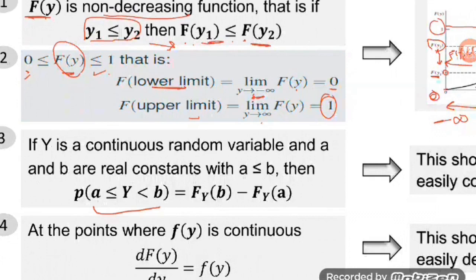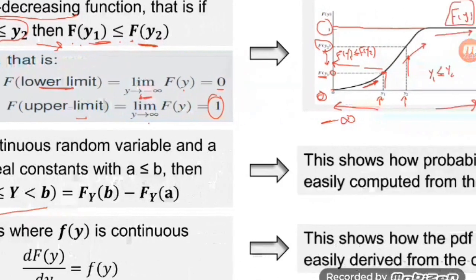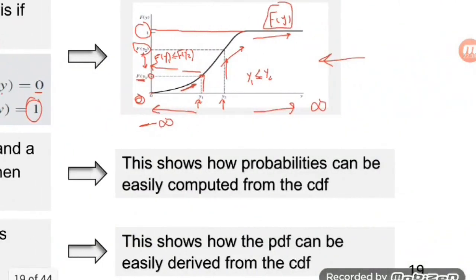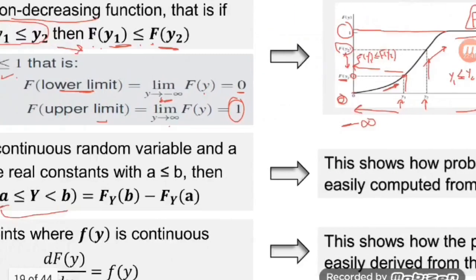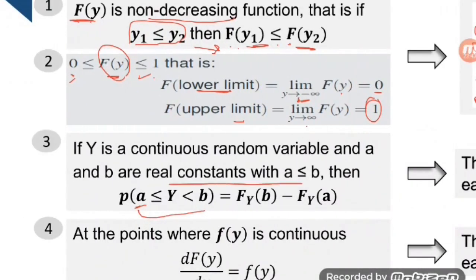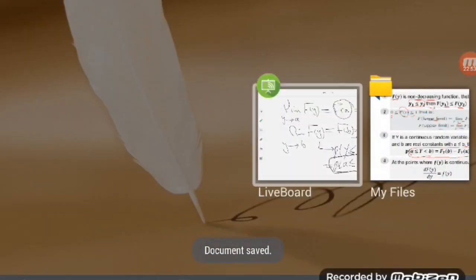This is the upper endpoint and this is the lower endpoint. So this property tells us how probability can be easily computed from the CDF. Let me show why this probability can be expressed this way in terms of the CDF. Now move to our board to explain this more.